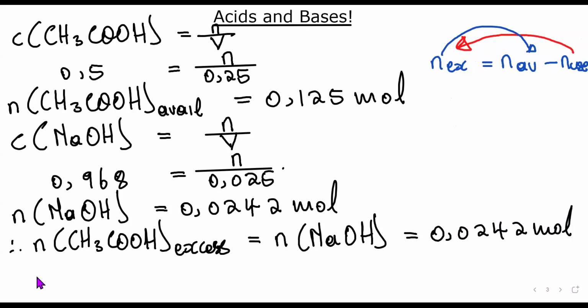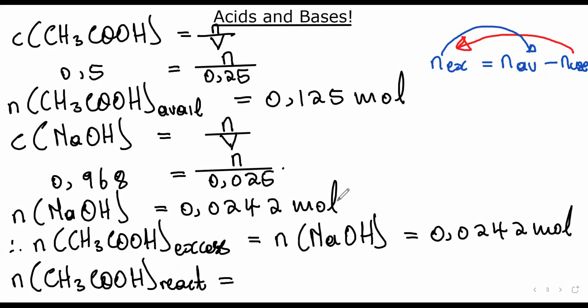Then you'll find that the number of moles of acetic acid that reacted or that were used to react with calcium carbonate will simply be what? Those that are available, which is 0.125, minus those that are in excess, which is 0.0242.